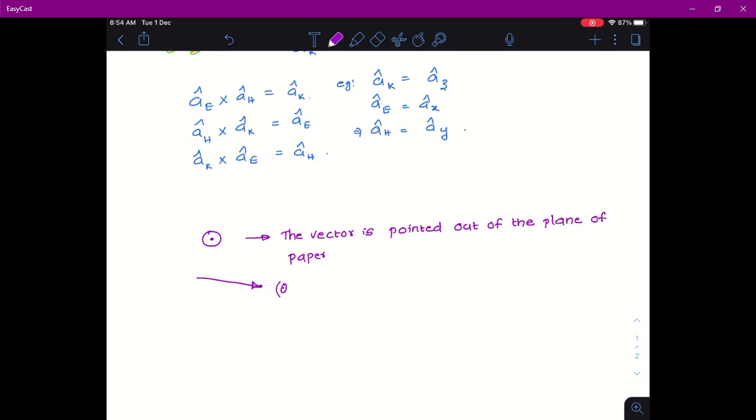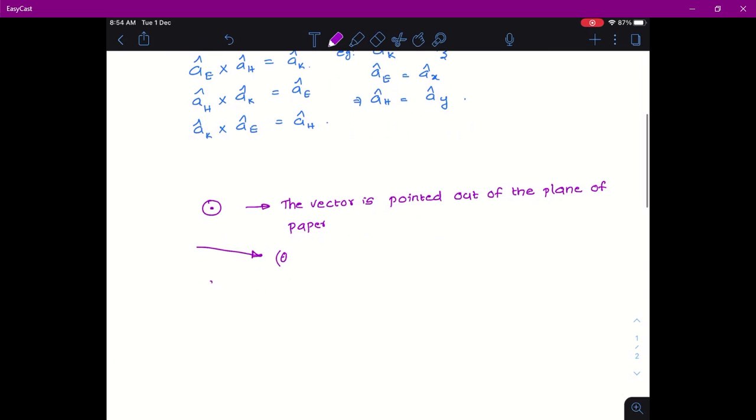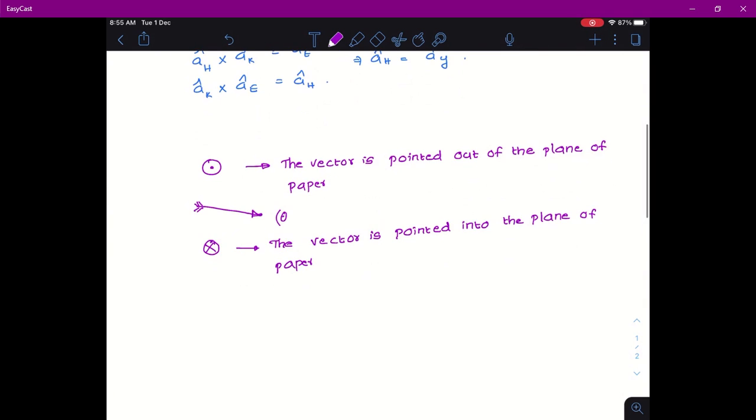Similarly, if you see something like this, the arrow has these back-tilted points. If you see it like this, then the vector is pointed into the plane of paper.